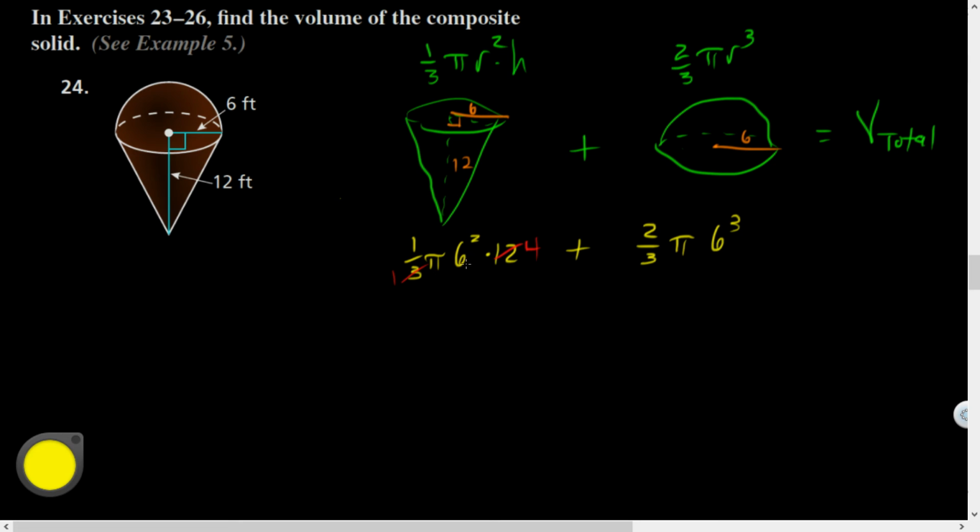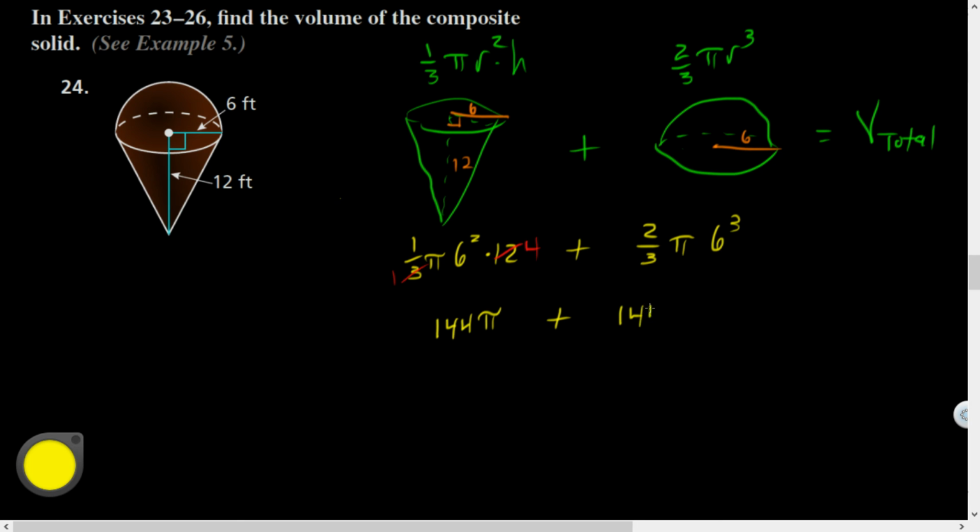So I'm going to have 6 squared times 4, 36 times 4. This is 144 pi. And over here, 6 cubed is what, 216? Divide that by 3 is 72 multiplied by 2.